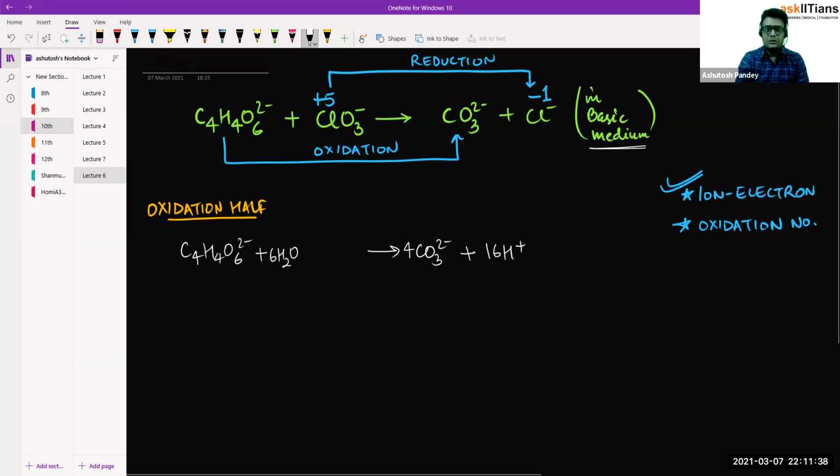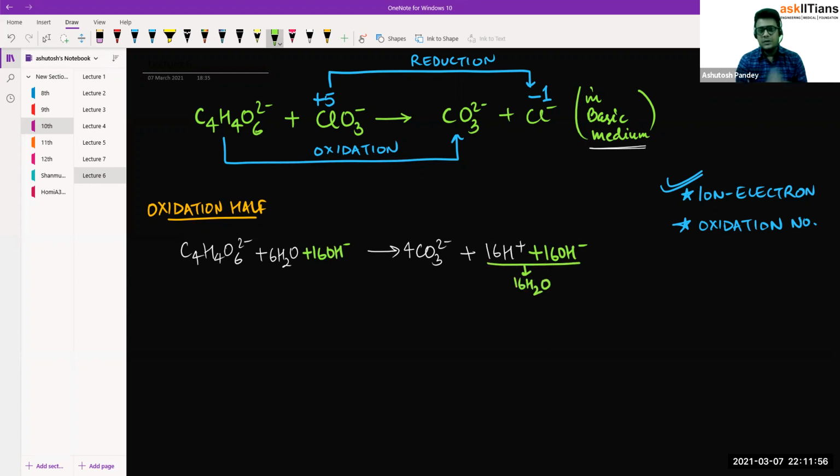So one very important thing to neutralize this H plus: we will add 16 OH minus on this side and 16 OH minus on the other side. Now this 16 H plus and 16 OH minus will become 16 H2O. Since there is 6H2O on this side and 16H2O on the other side, we'll finally get 10H2O on this side. Up to this everything is clear.